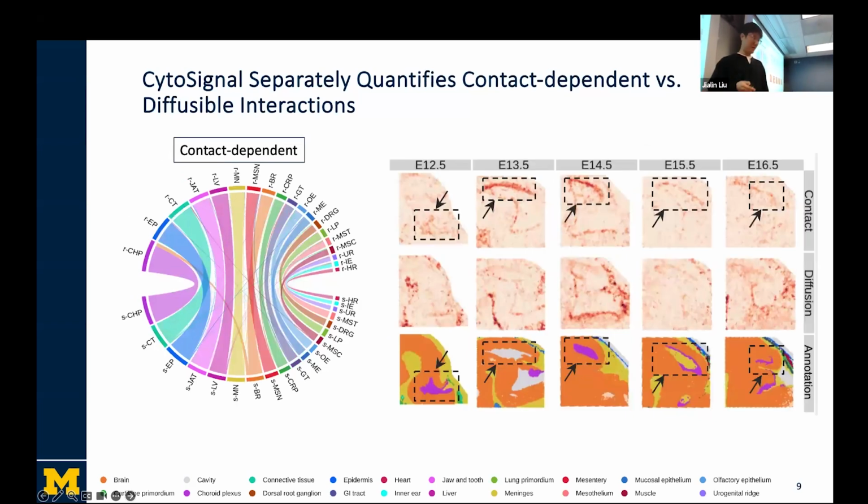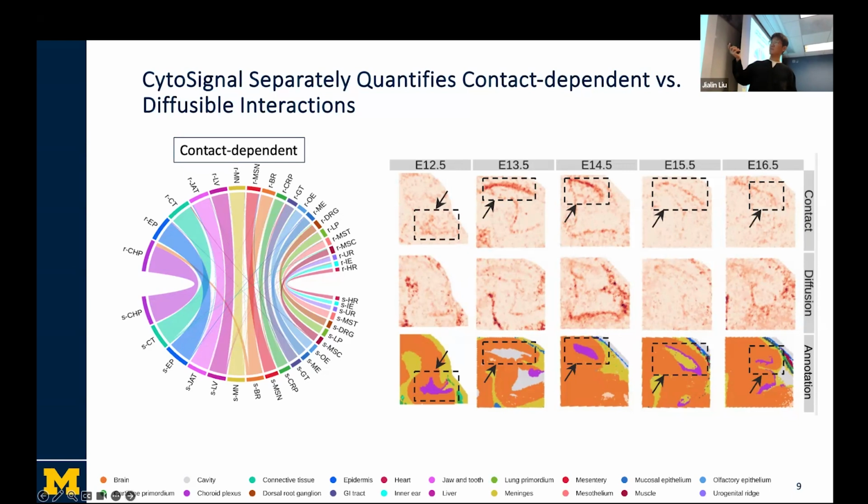We also identified another example, this time where the contact-dependent interactions outperform the diffusion-dependent interactions. This time it's in the mouse brain. It's the same data set, focused on different regions.